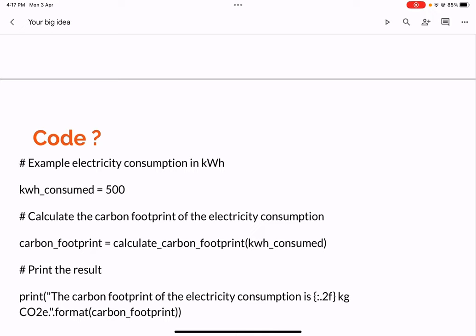So this is how a code is to be written for the electricity use of the user.